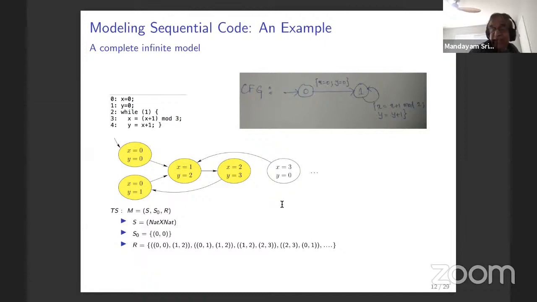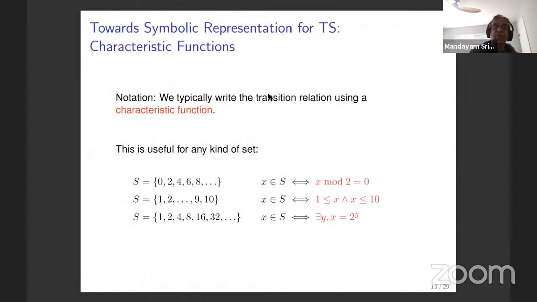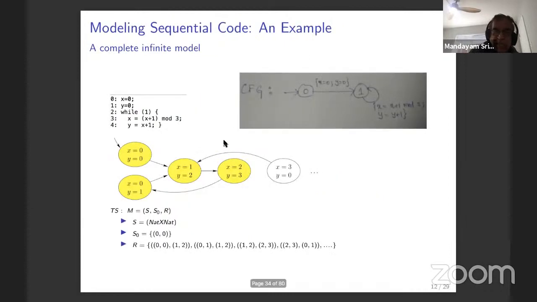That is the trick that we use. This is a symbolic representation of a transition system. What I showed you here was a graphical representation, where R was enumerated as an infinite set, and then I raised the question, how do you even represent these things?